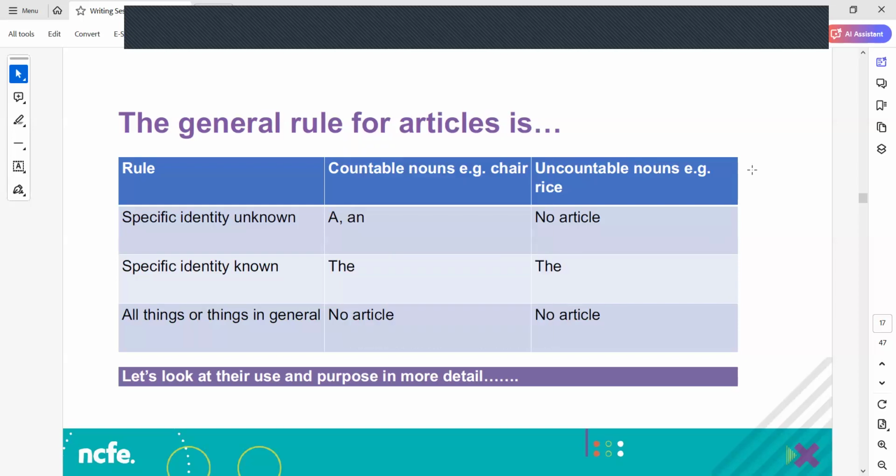Okay, so uncountable nouns, we're going to look at those a little bit more, because it's quite tricky just looking at this on a table to understand the different use, and it's better for us to just look at some examples of their use and the purpose in more detail. So let's have a look.